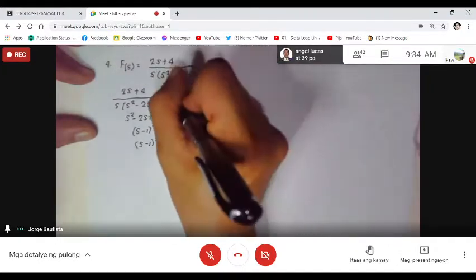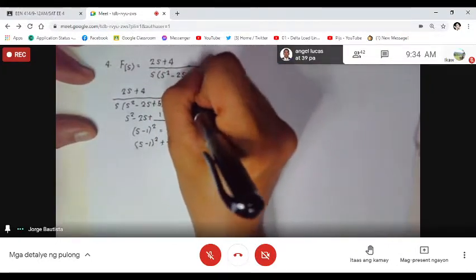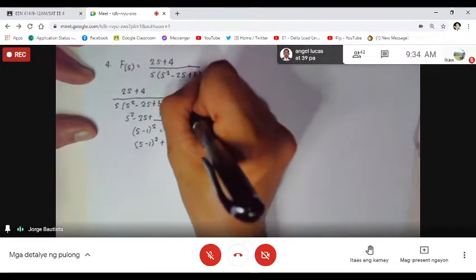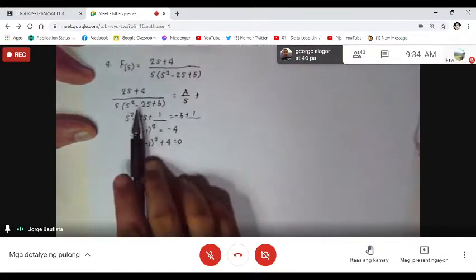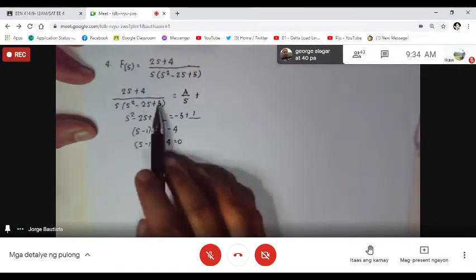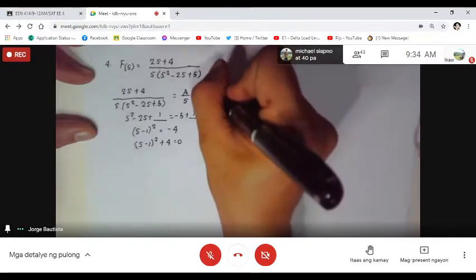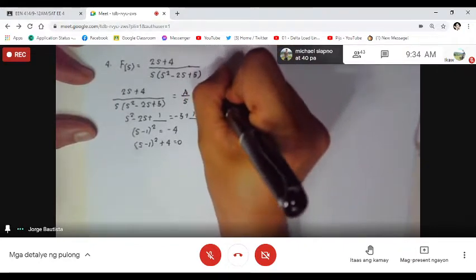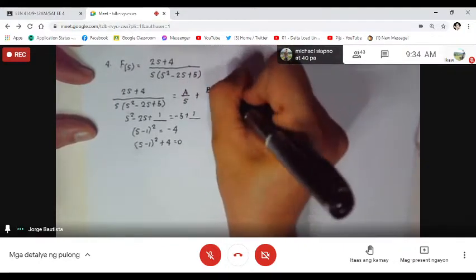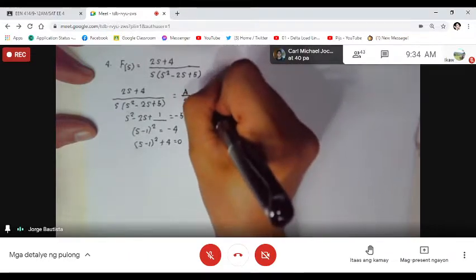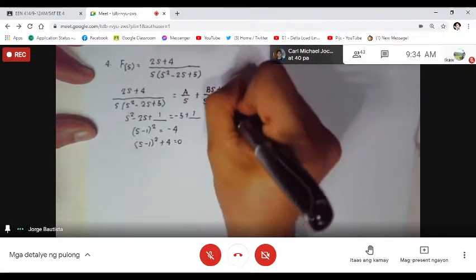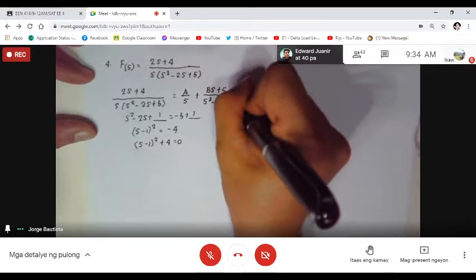So we have A over s plus, this one is a binomial, Bs plus C all over s squared minus 2s plus 5.